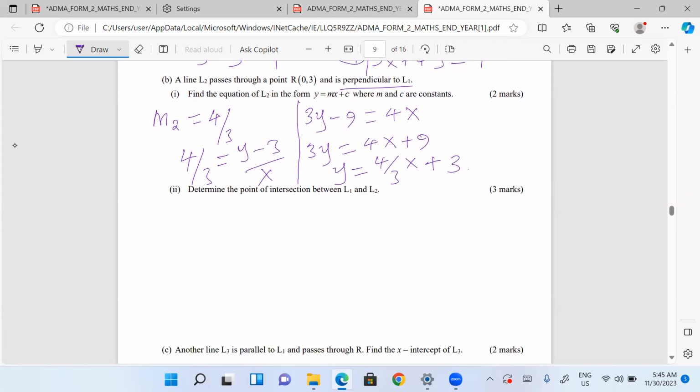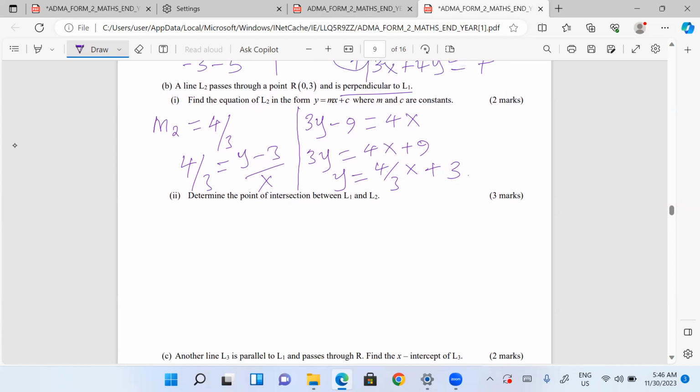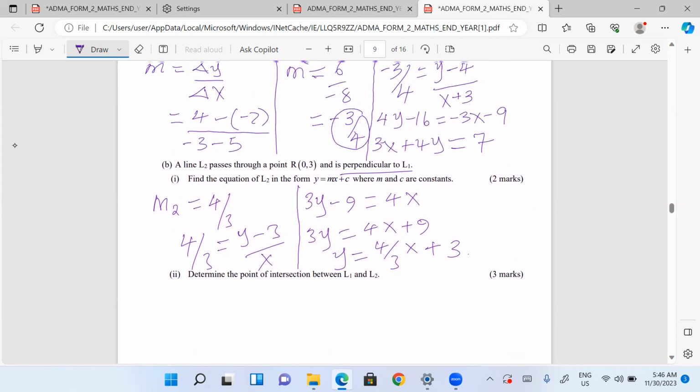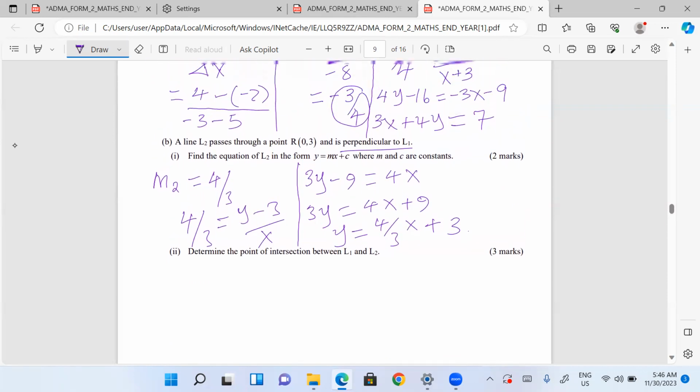Then we are again told to determine the point of intersection between L1 and L2. Where two lines intersect is the simultaneous solution for the two equations for the given lines. Therefore, when I solve the equation for L1 and the equation for L2 simultaneously, I'm going to get their point of intersection.